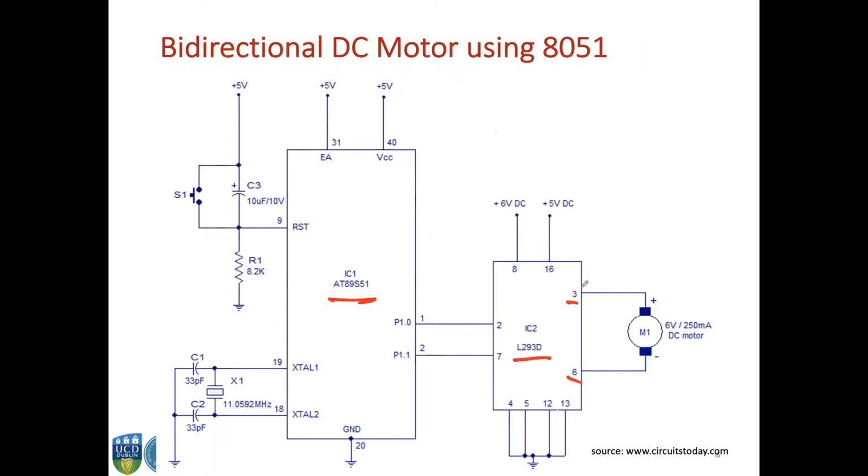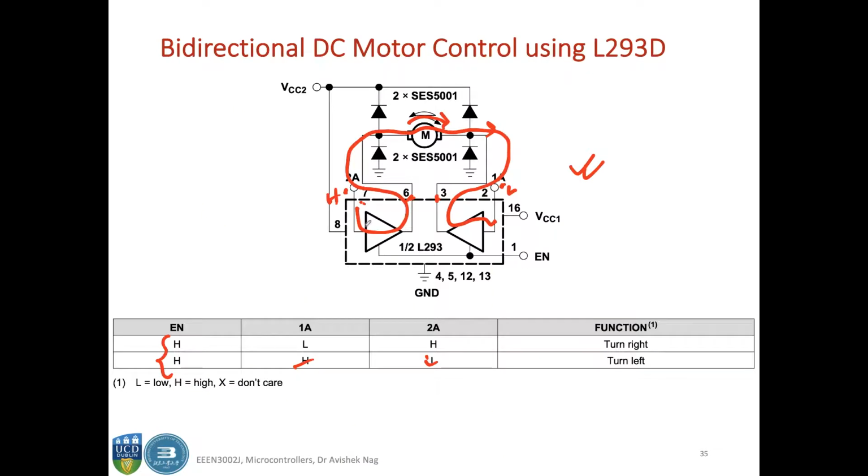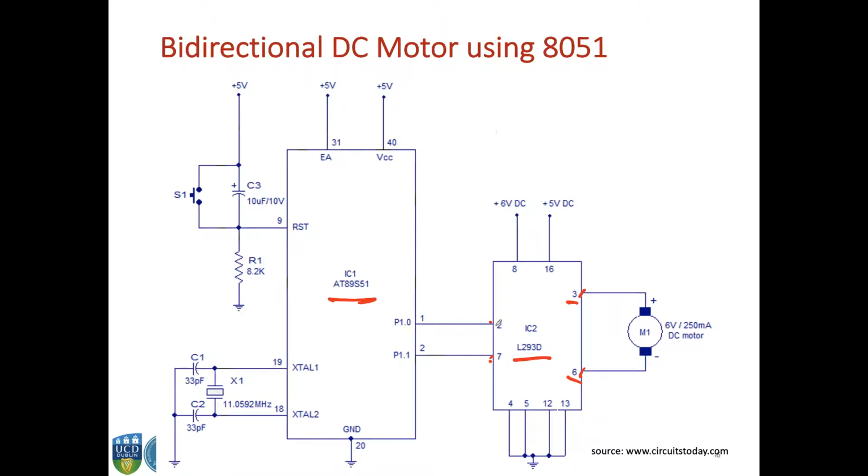Then your 2 and 7 are the inputs. Pin 2 goes for 1A and pin 7 goes for 2A. So these 2 and 7 are the inputs.